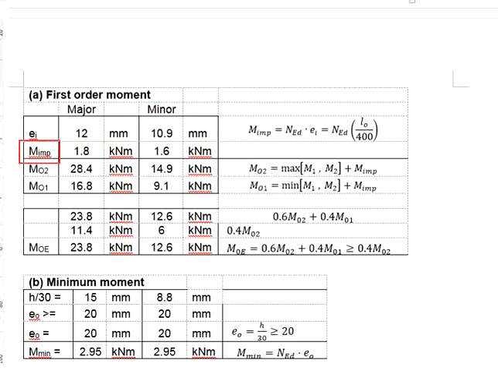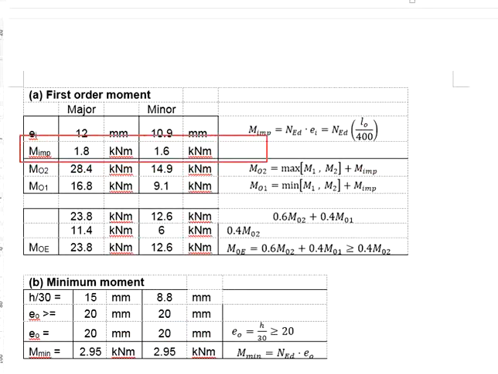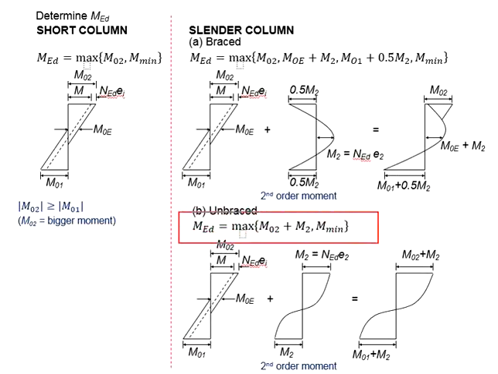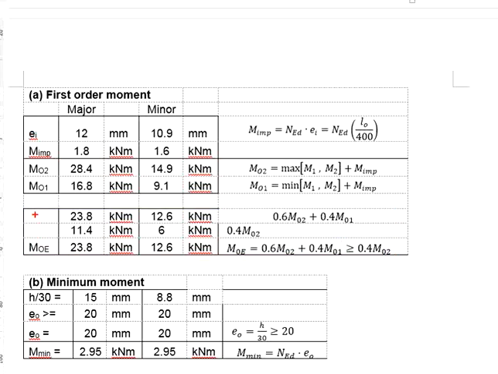And then calculate the M due to imperfections by multiplying EI with the NED. NED is 147.36 kN. You get moment due to imperfections 1.8 and 1.6 for the major and the minor axis respectively. If you look at the equations for the MED, the M0A is not required. Although it is given here, it is okay if you do not calculate this.